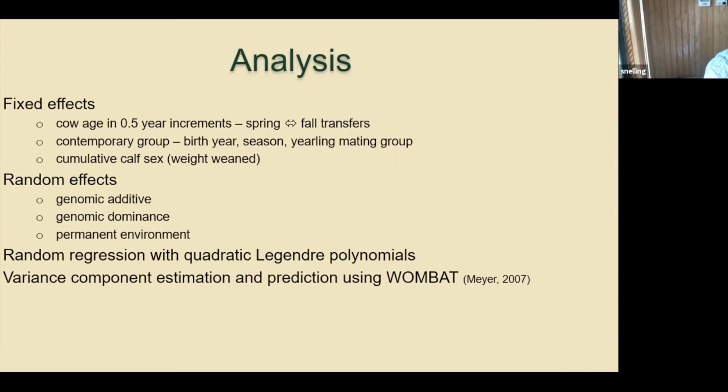And the contemporary groups were birth year, season, and their yearling mating group, assuming that all females in that mating group would be treated the same and have the same opportunity for lifetime production. Random effects included the genomic additive and dominance effects and the permanent environmental effect.